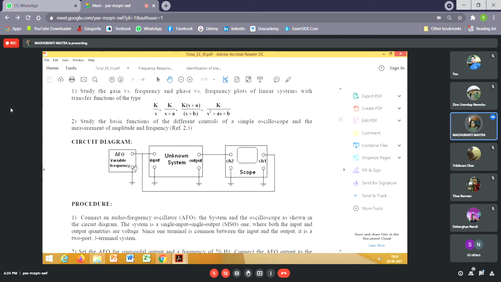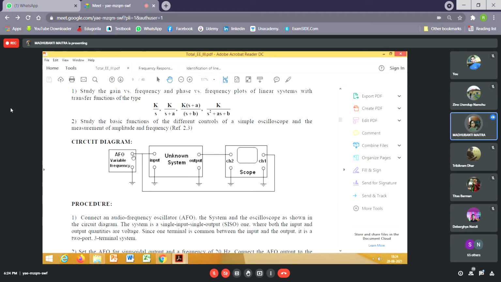Also, with the help of this device, we can generate rectangular pulses or triangular waveforms. But in this experiment, we'll be requiring sinusoidal waveform, sinusoidal signal with varying frequency and constant amplitude, right?